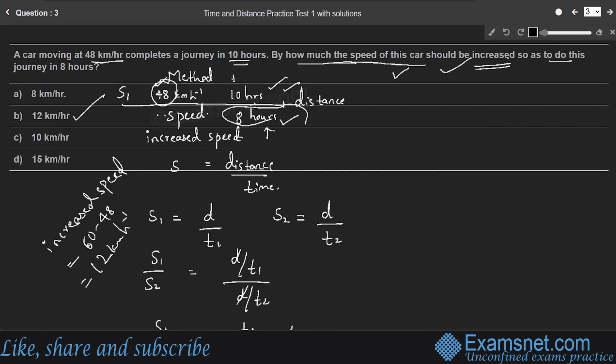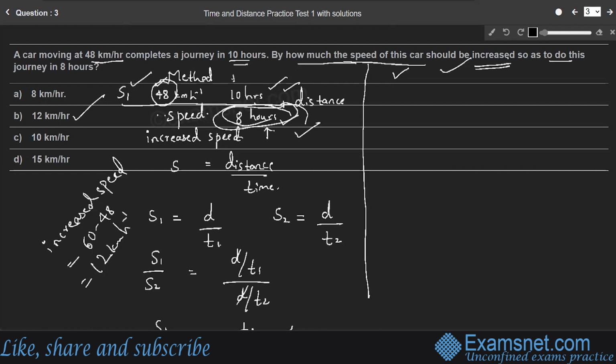Option B is the right answer. So the speed of the car should be increased by 12 kilometer per hour so that it takes less time, which is 8 hours in the second case, right? This is the first method, directly taking the ratios of the speeds in two different situations.